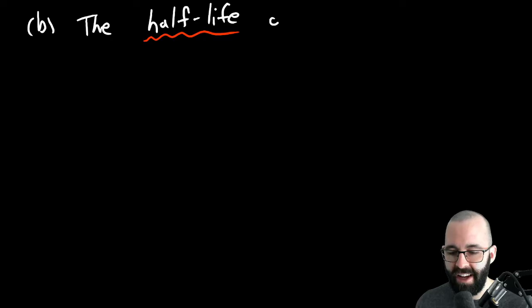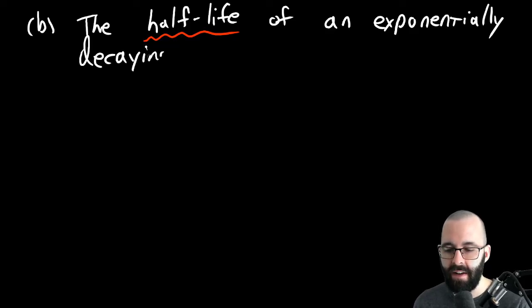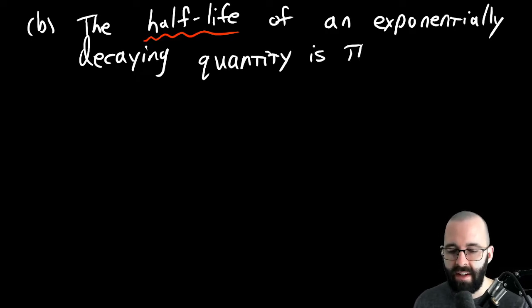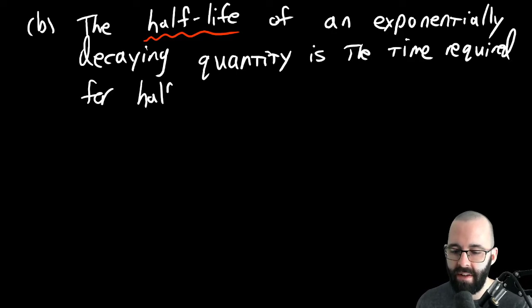Part B. There we go. Part B says the half-life. Hey, there it is. The half-life of an exponentially decaying quantity, it's the time required for half the quantity to decay.